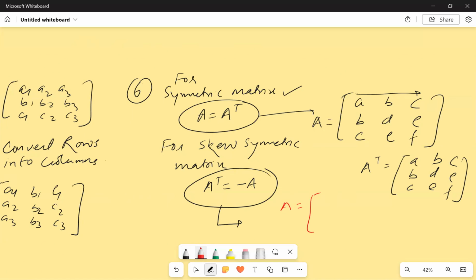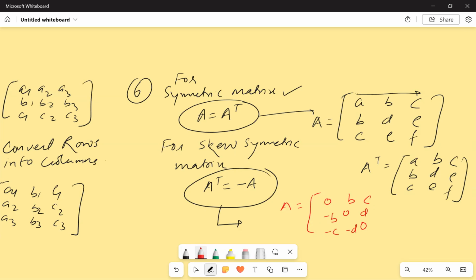So let me write. 0, 0, 0, then B, C and minus B, minus C. Let me check. Okay. This way it is okay.